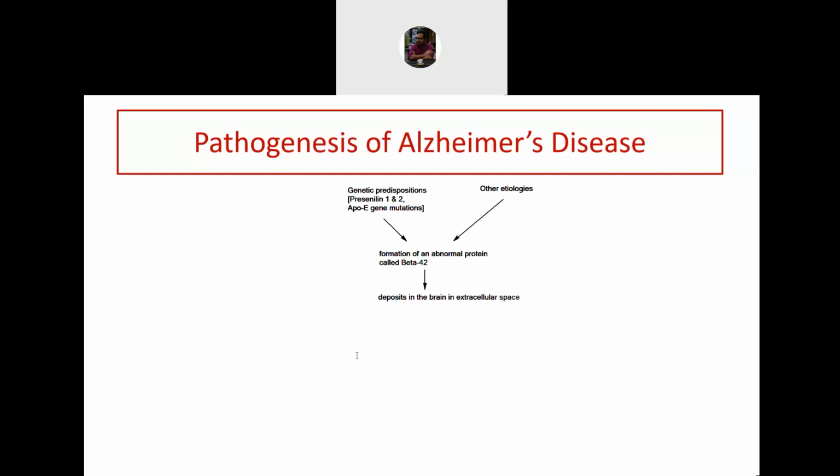And this deposit essentially forms an amyloid plaque, a plaque of extracellular proteins, also known as the neuritic plaques, which are huge at a microscopic level. These neuritic plaques cause a lot of different kinds of damage. On one hand, they stimulate free radical formation.